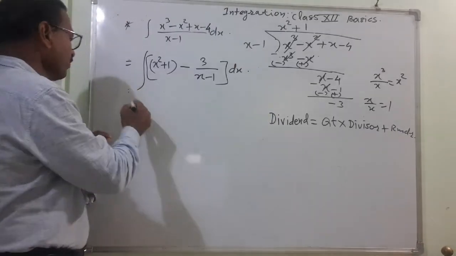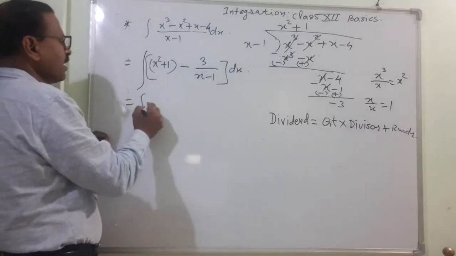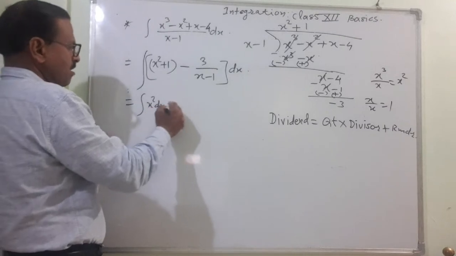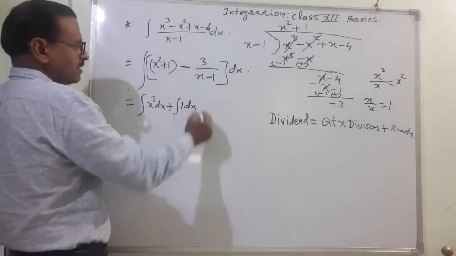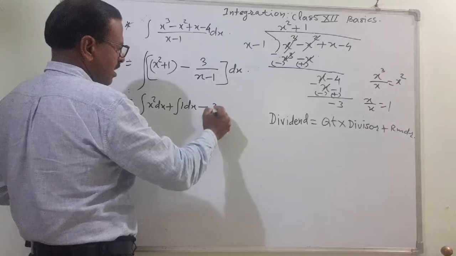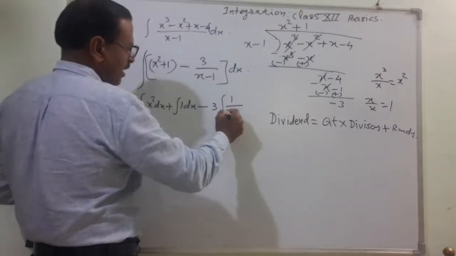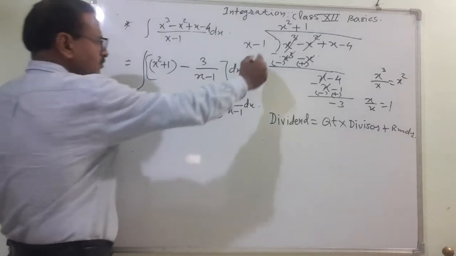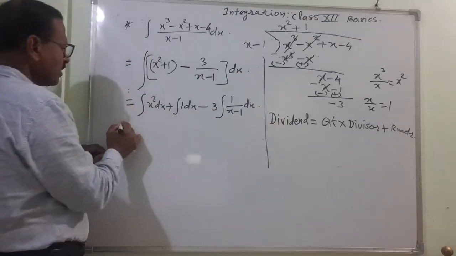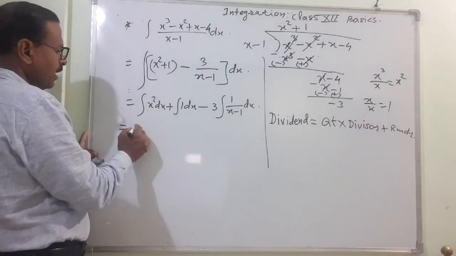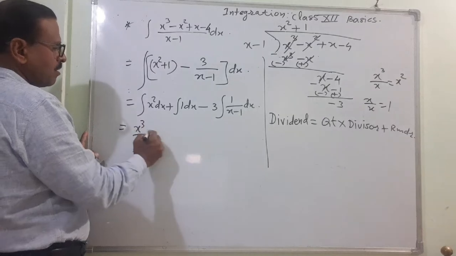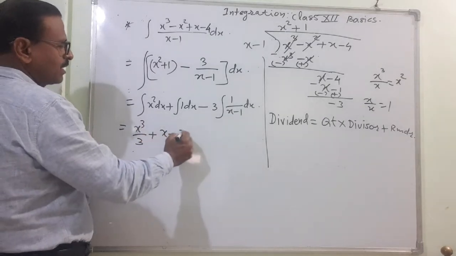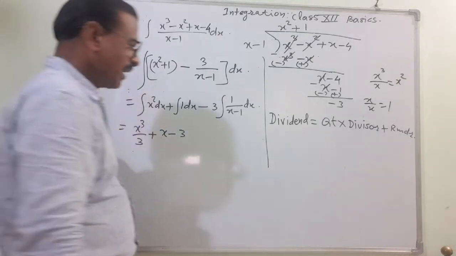This way I will now separate it: integration of x square dx plus integration of 1 dx minus 3 into integration of 1 upon x minus 1 dx. So that is equal to x cube upon 3 plus x minus 3, 1 upon x.